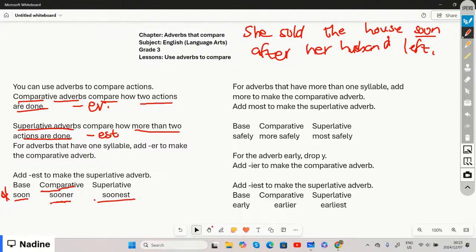And remember, we just mentioned comparing two, and comparing more than two.